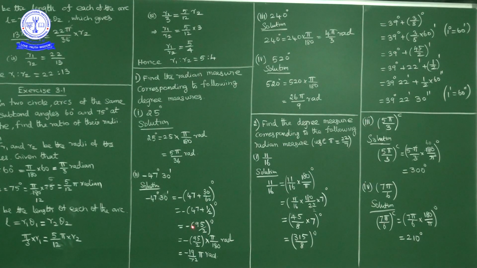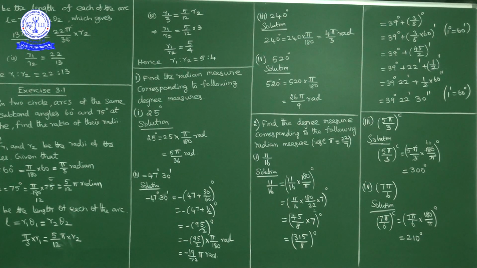Minus is there, so minus 95 upon 2 degrees. Now to convert degrees to radians, multiply with pi upon 180. So minus 95 upon 2 into pi upon 180, cancel 5 in numerator and denominator, and we get minus 19 pi upon 72 radians.